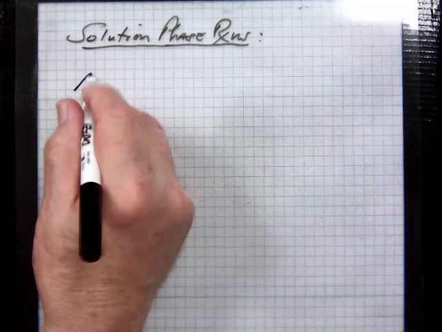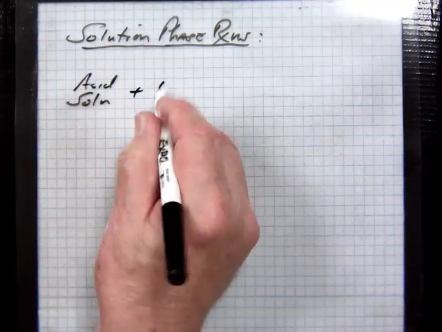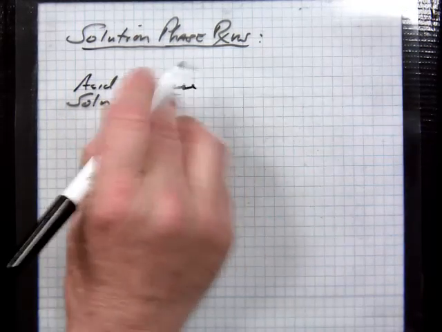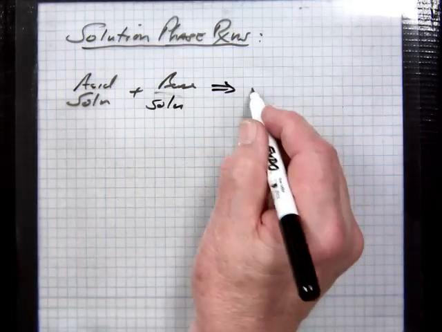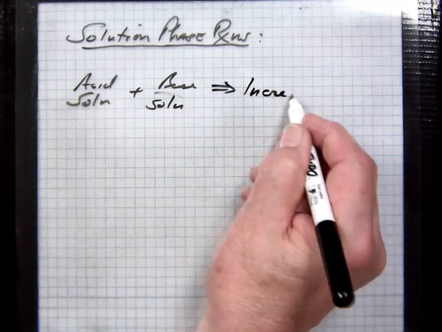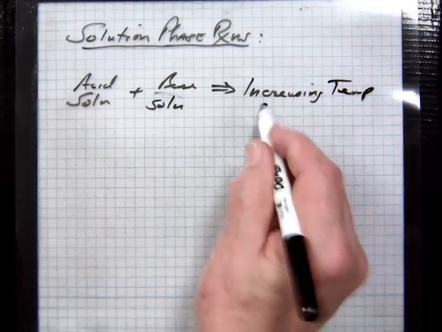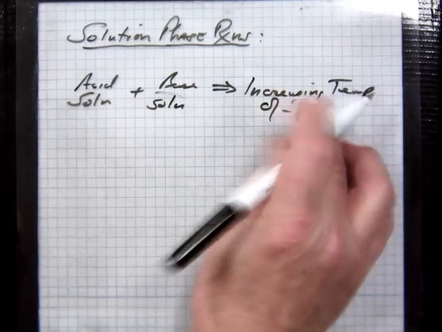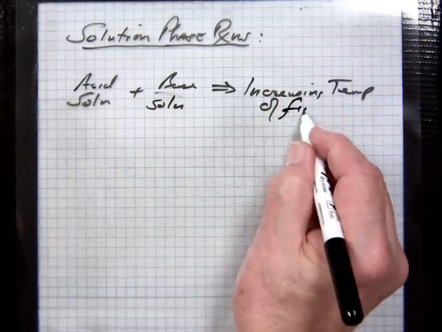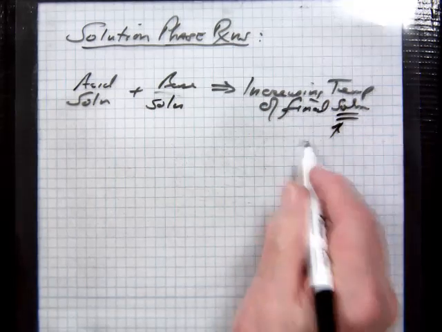If you have an acid solution with a base solution, you get an increase in temperature of the final solution, and the solution is part of the surroundings.